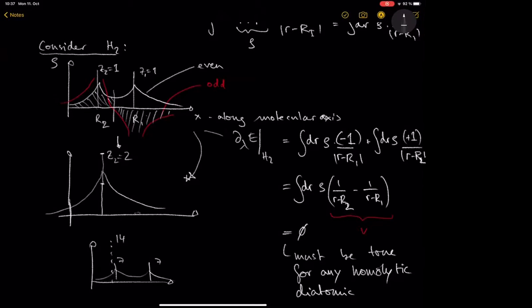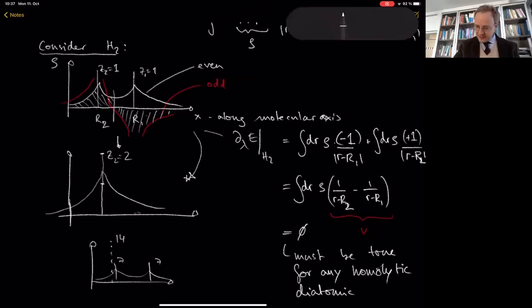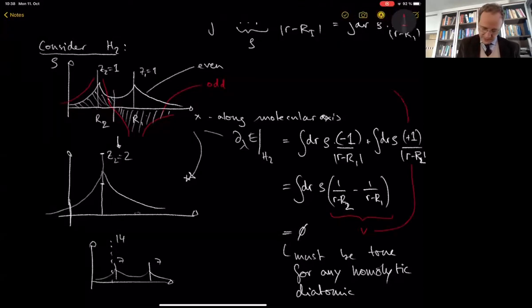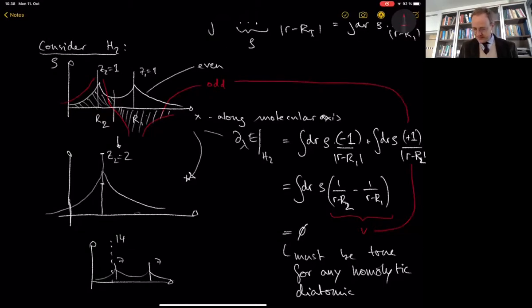Sorry, I just want to ask how you drew that odd function, I think I missed that part. So this odd function, the red one, is this V. Thank you for asking this. It's this one, right? So you have a 1 over R on the R2 position.